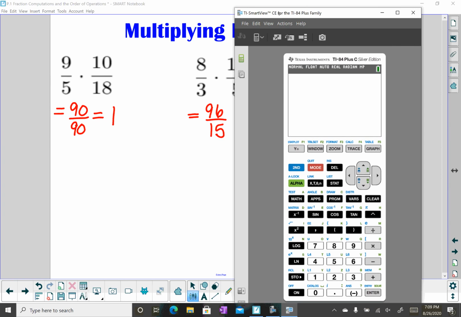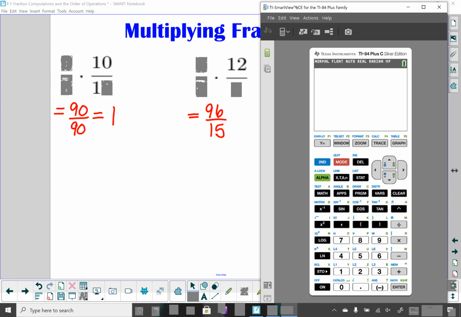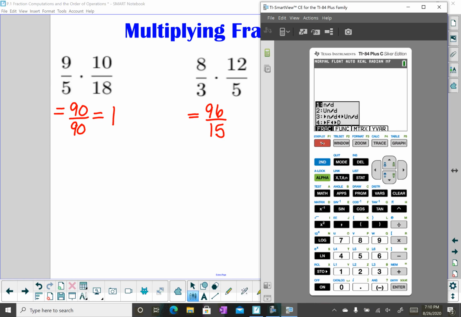If you have your graphing calculator handy, let me show you an easy way to type in fractions and reduce a fraction. First of all, if you have the newer version of the calculator, so probably a plus or a plus C, something like that, it'll say at the top of your TI-84, you have an extra function built in that's a shortcut. If you hit alpha and y equals, you'll see an n over d.